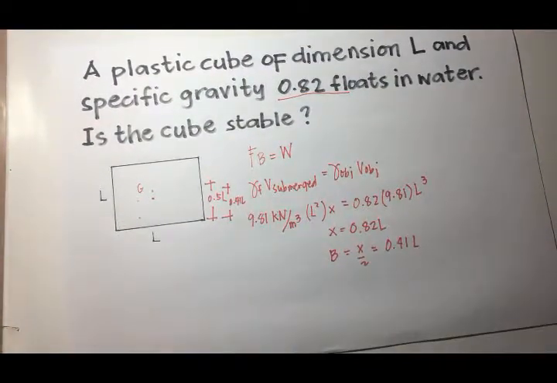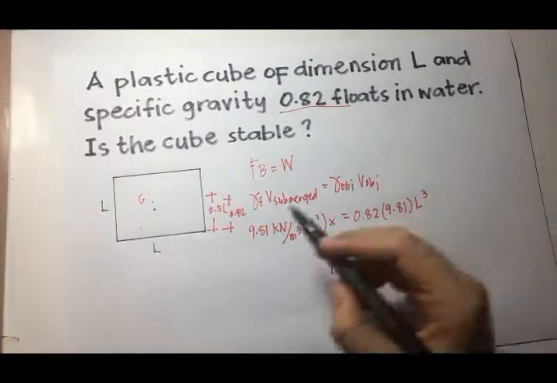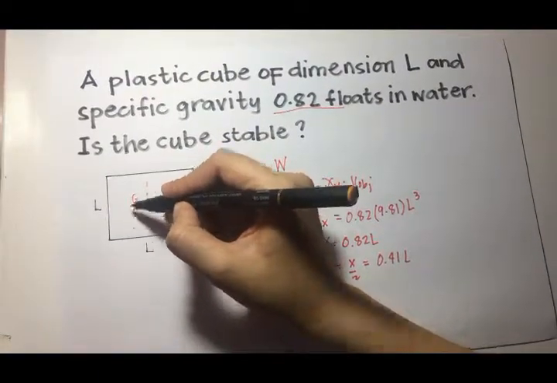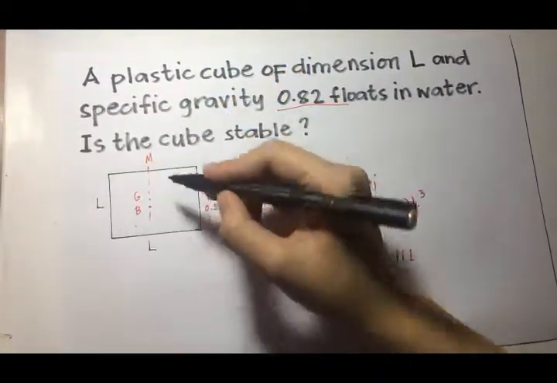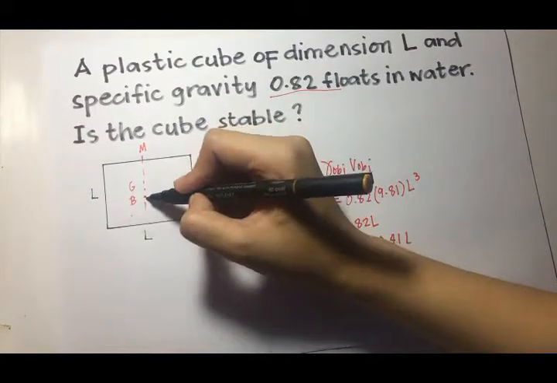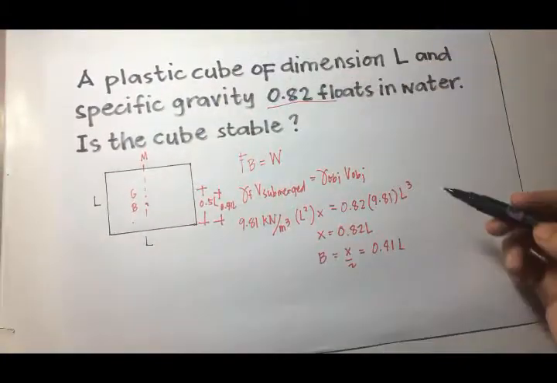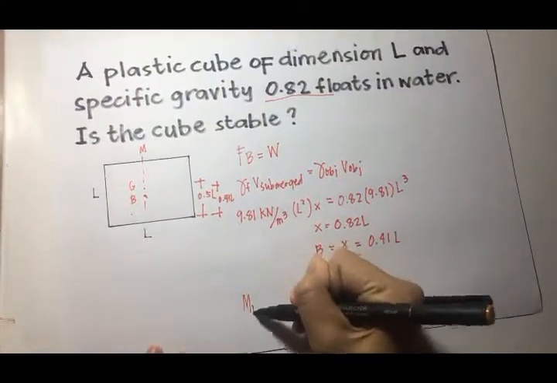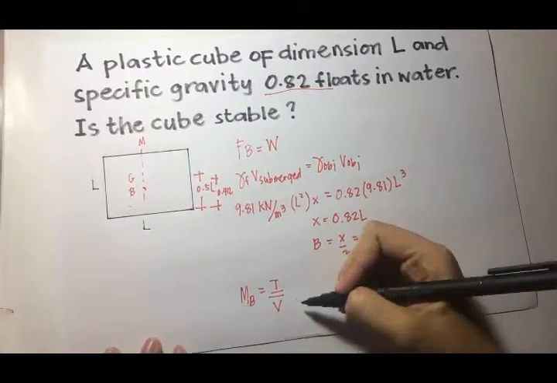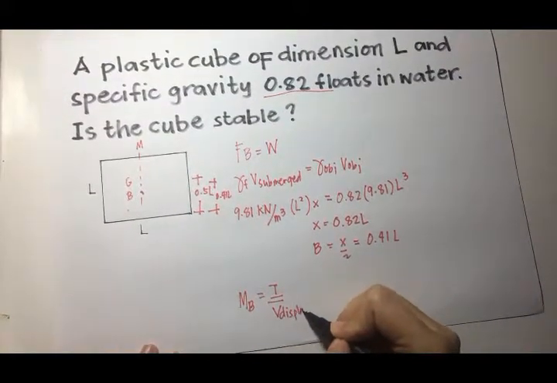The next is we will solve for our MB, or the height of our metacenter through this line, between the metacenter and the center of buoyancy, which would equal MB is equal to the inertia over the volume of the displaced, or the submerged.